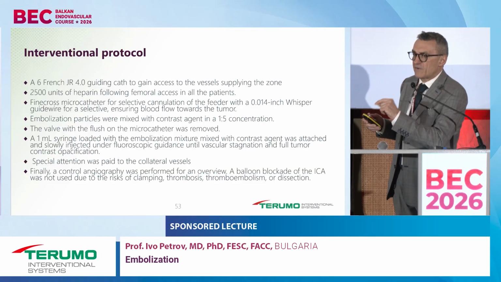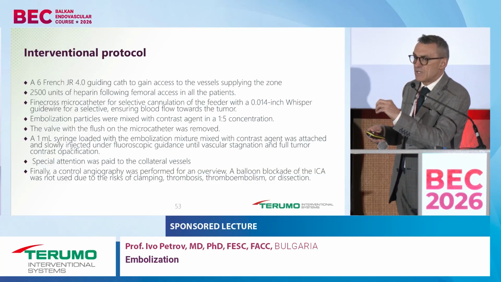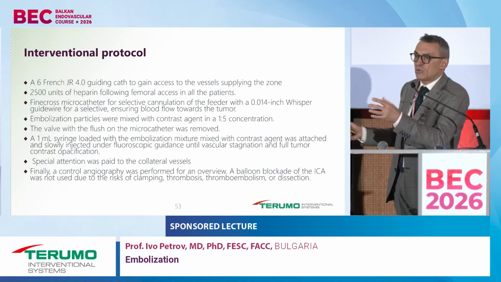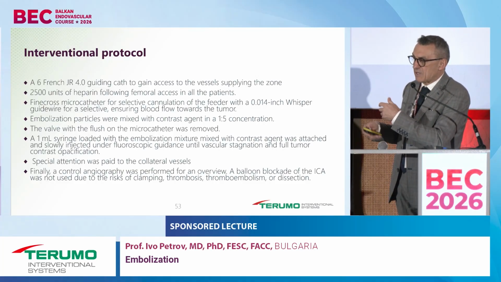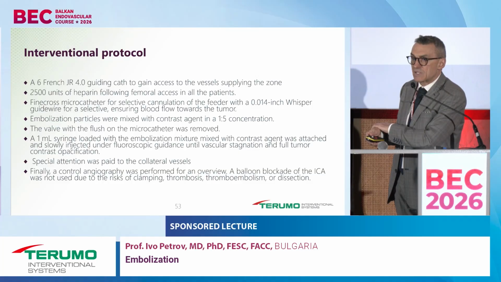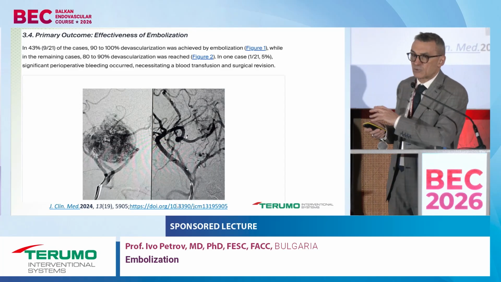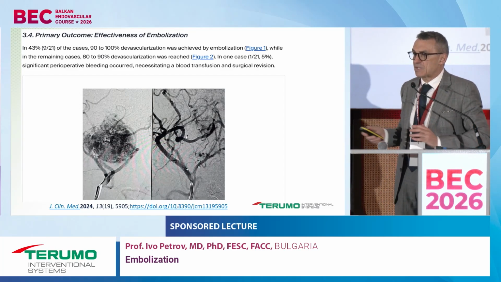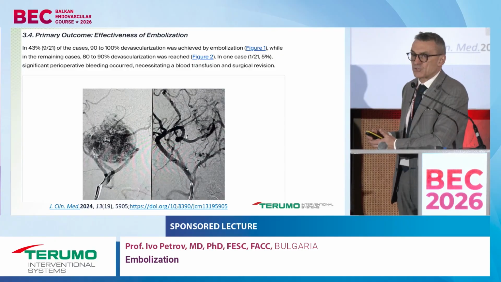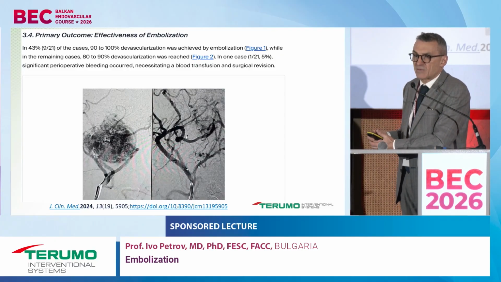So before starting the embolization itself, it is very important to pay attention to all interconnections between the vessels supplying the tumor and the vessels supplying the brain, because the result can be devastating. In trying to help our surgeon colleagues, we can damage the brain of the patient with the most dreadful complication, of course, the stroke.